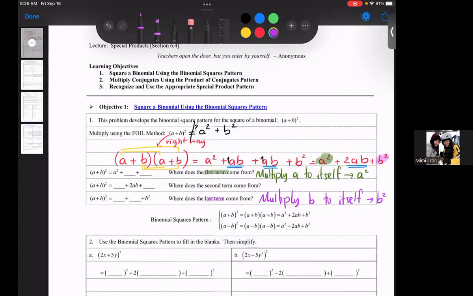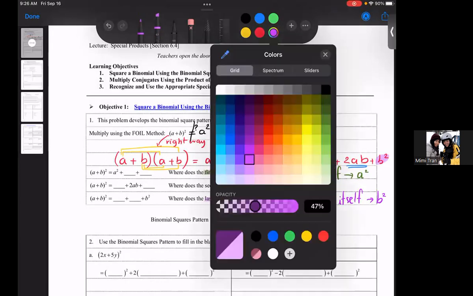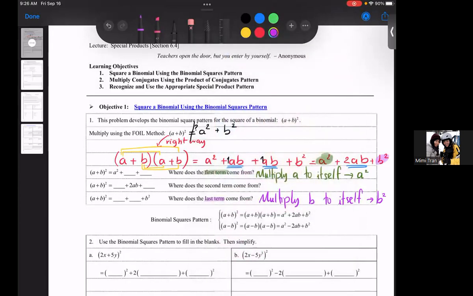Now the middle one. The middle one is a little bit different. Well, I multiply A and B together and then I double it. That's 1 plus 1, you double it. So the middle one, I'm running out of colors here. Pink. All right, pink.